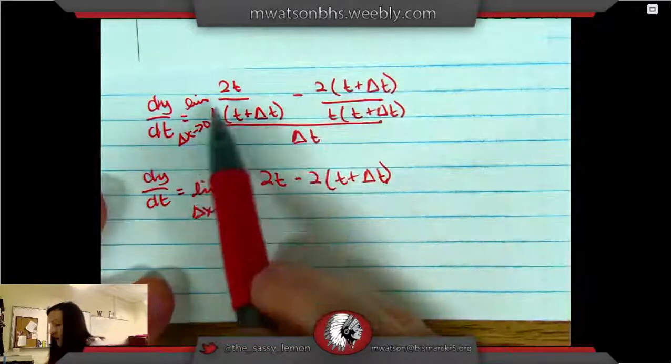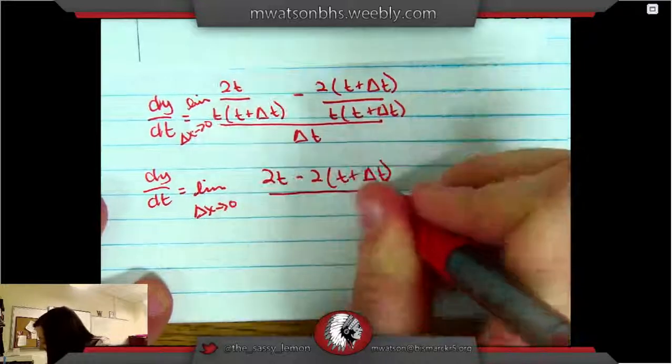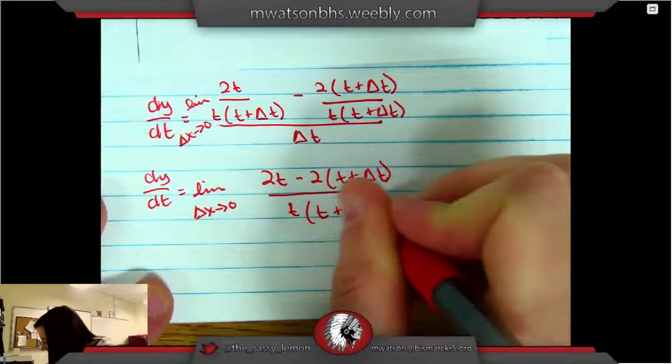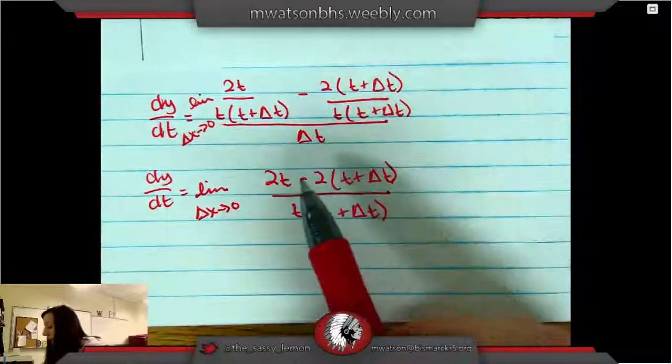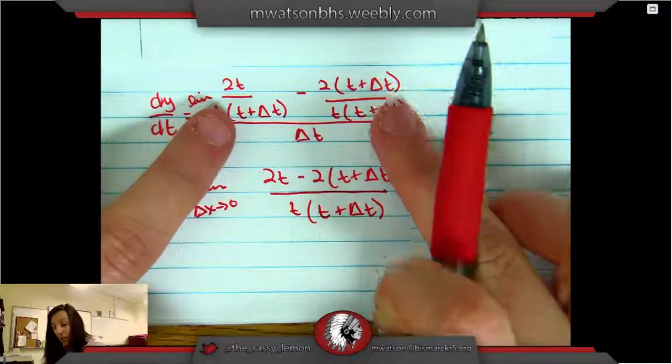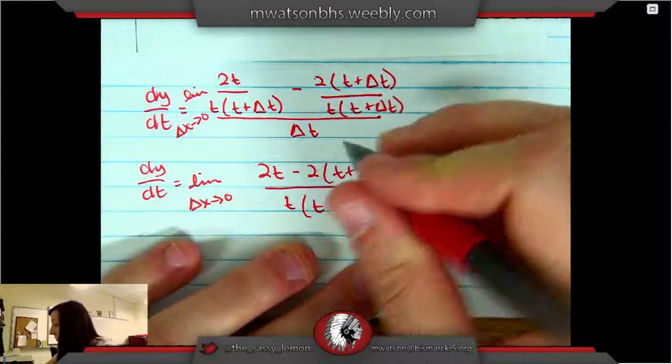That's my numerator, over my denominator, which is t times t plus delta t. And I'm going to go ahead and do my stay, switch, switch. This is my top, it stays the same. Division becomes multiplication, and I flip the bottom fraction.